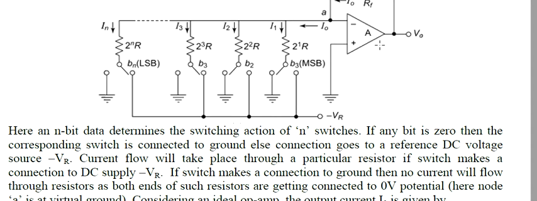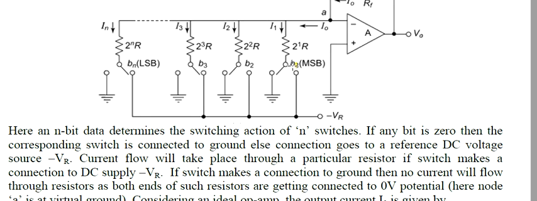In this weighted resistor type DAC, the op-amp is a summing amplifier, and the positive terminal is grounded. At the negative terminal we connect one feedback resistance and different resistors, and the inputs to the different resistors are bits, or binary data. Here in this figure we represent n bits, that is B1, B2, B3, etc., Bn, and each bit is weighted by its resistance.